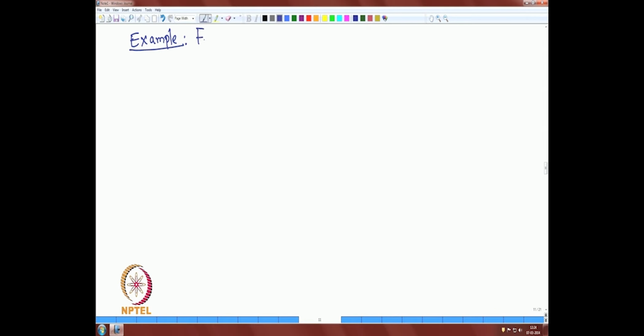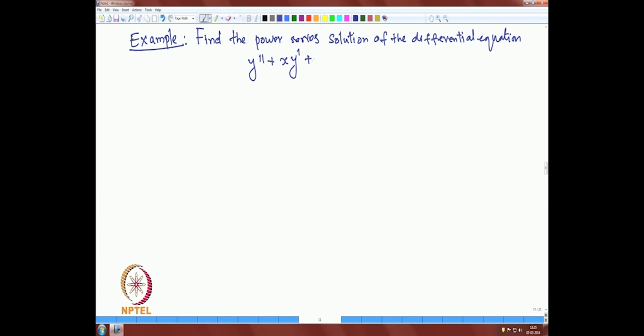The question is to find the power series solution of the differential equation given by y double prime plus x y prime plus (x square plus 2) y is equal to 0, in powers of x.